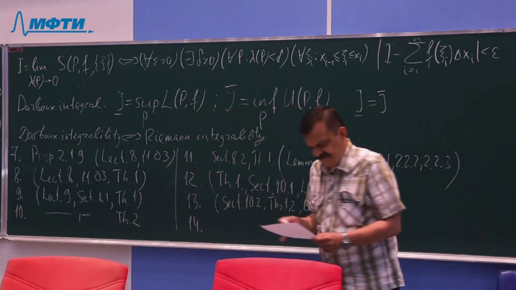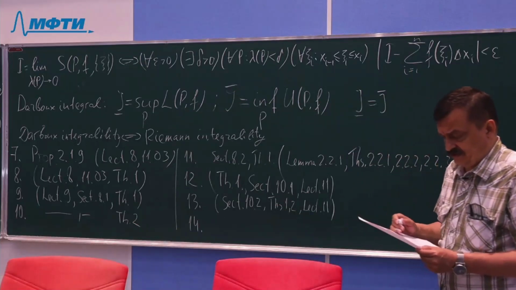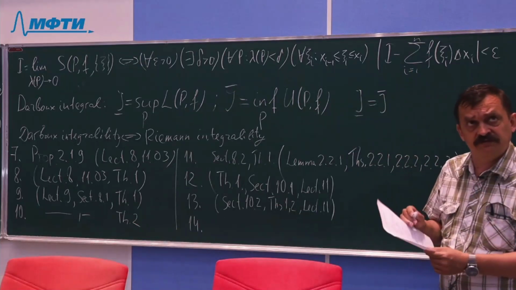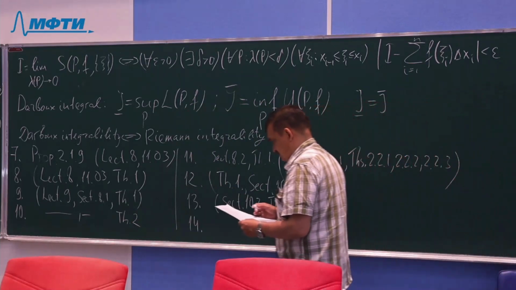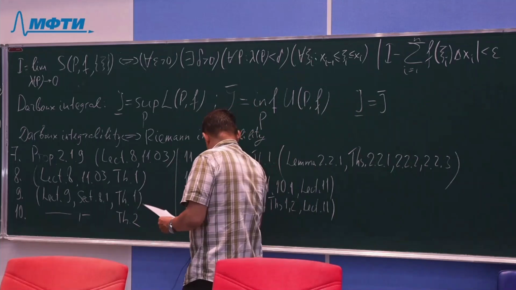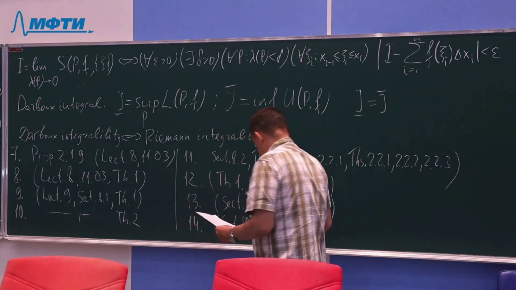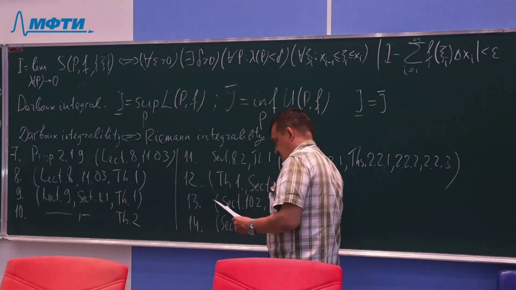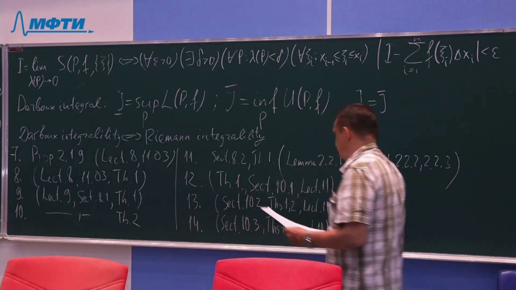Okay, there are different versions of those theorems. In your lecture notes, second theorem is given without proof. I gave you proofs of both. So section 10.3, theorems 1, 2, same lecture 11.